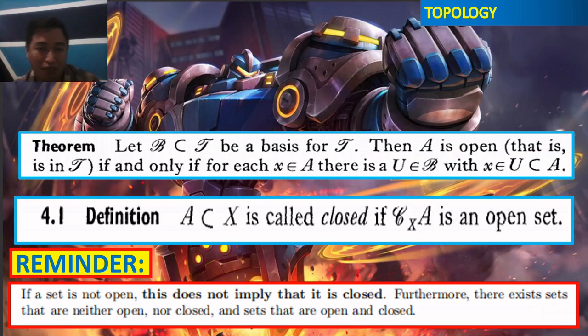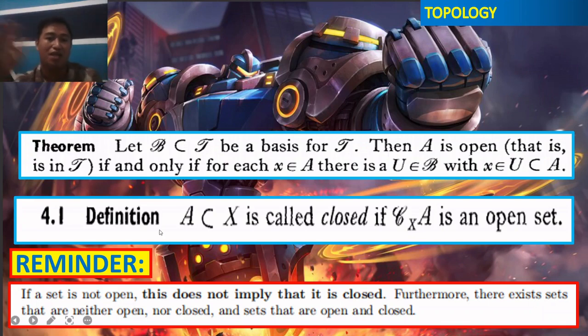Then A is open, that is, A is an element of tau, if and only if for each X in A, there is a U in script B with X in U and U a subset of A. It means that A is open in tau if and only if for all X in A, we can find U in our basis script B such that X is in U and U is a subset of A. Therefore, A is the union of the elements U of script B, since all the U are subsets of A.